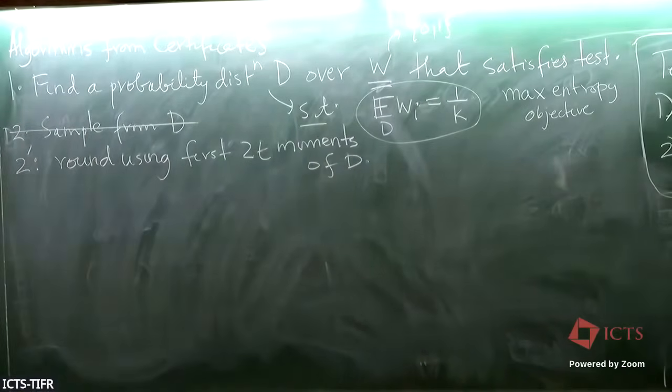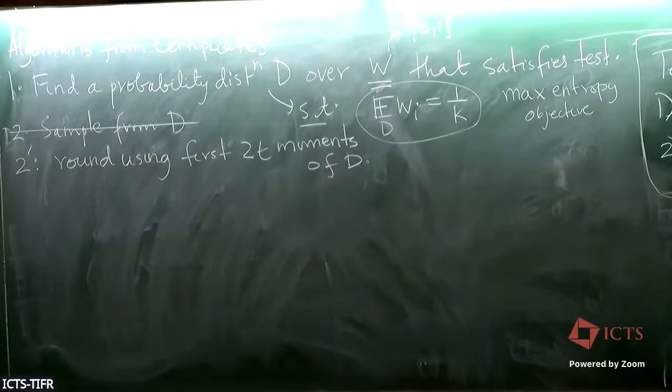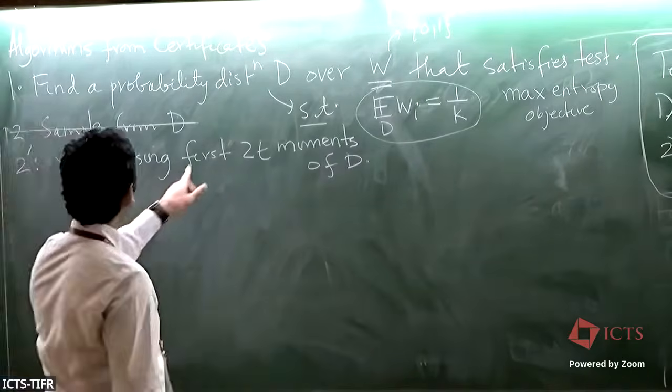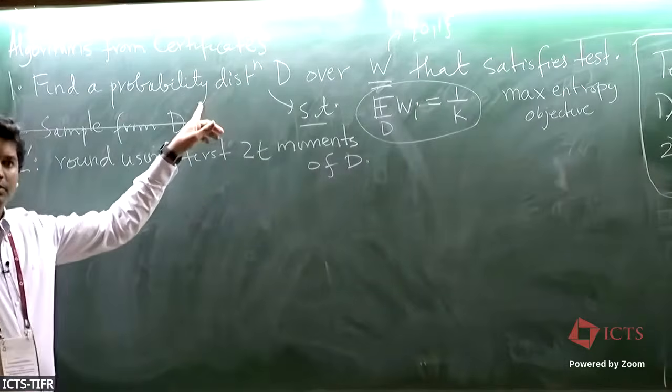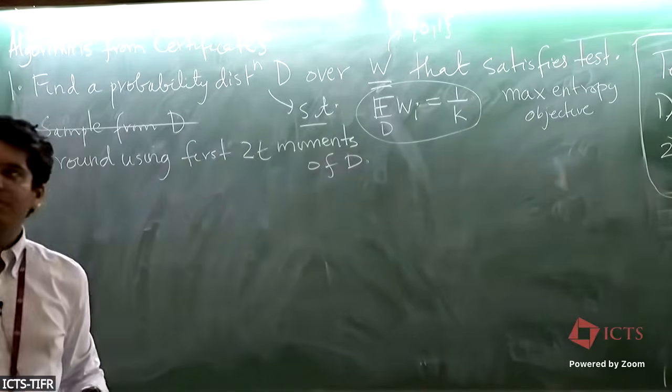and show you how you can actually extract clusters by looking at only low degree moments of the distribution D. Okay? If I can do this, then I at least have solved one problem. I can write down this object in at most d to the 2t different real parameters, right? Because in order to run this algorithm, I don't actually have to find a distribution which is supported on W satisfying the test.